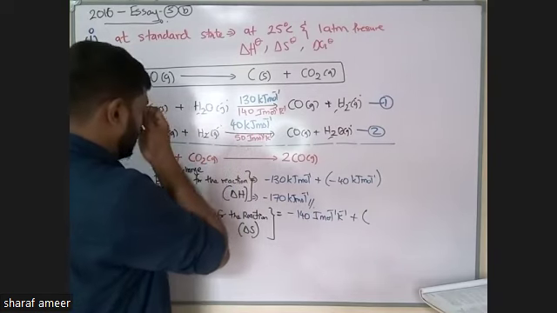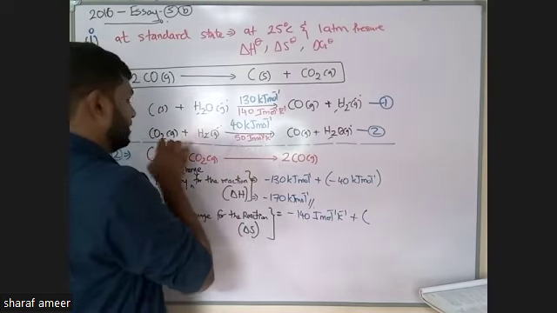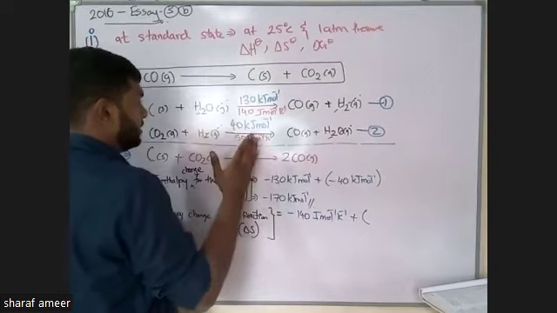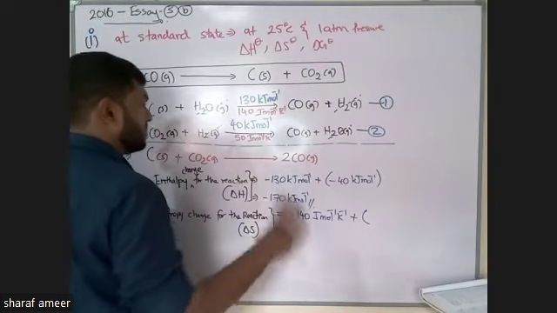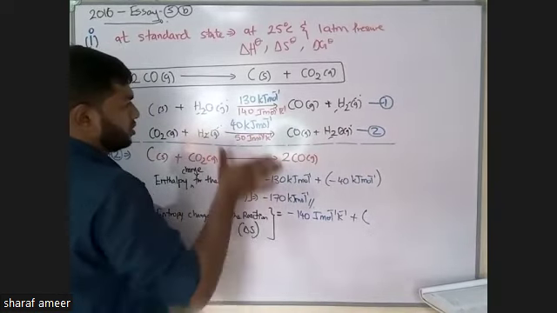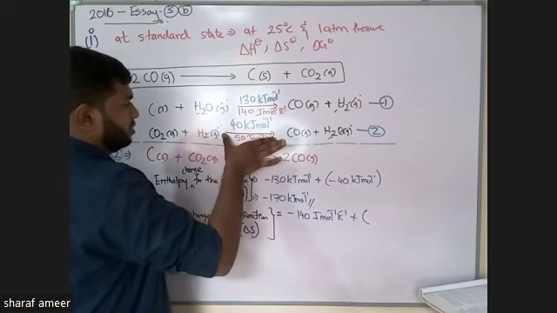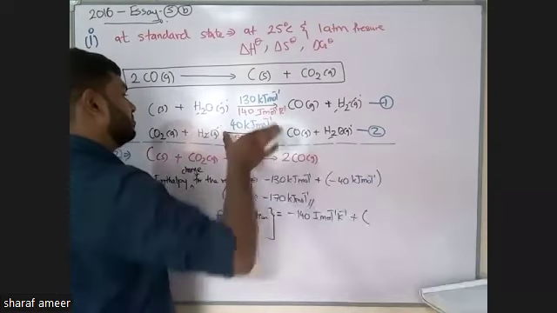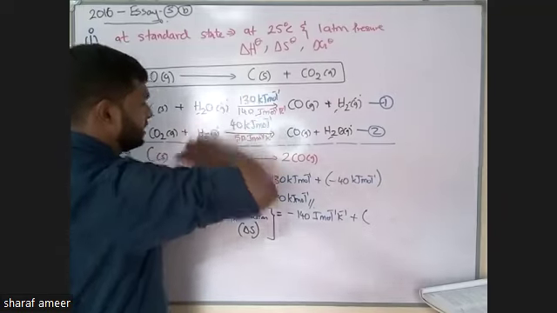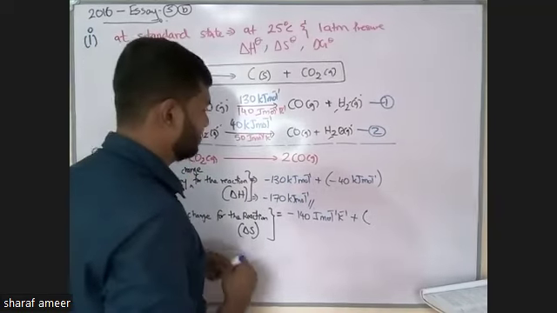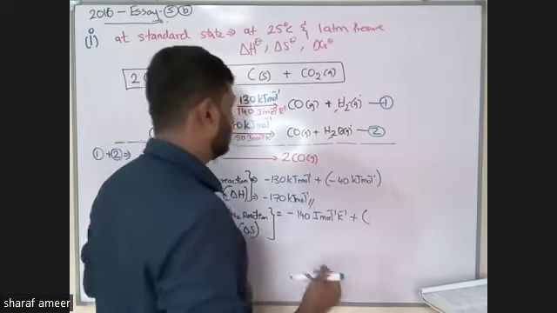Here we have a case where left hand side and right hand side are all gases. Molecularity is also the same. So you should know that once you are reversing this reaction, it will become negative, just like the enthalpy change.